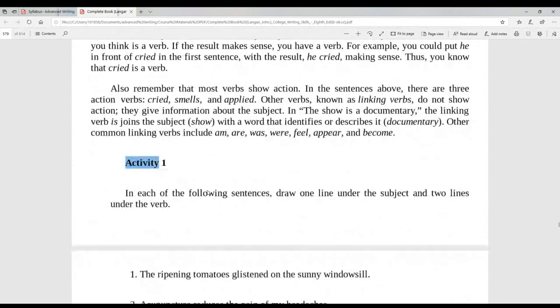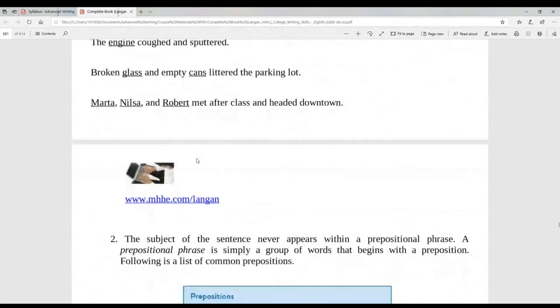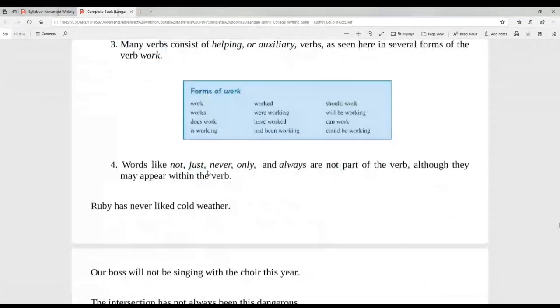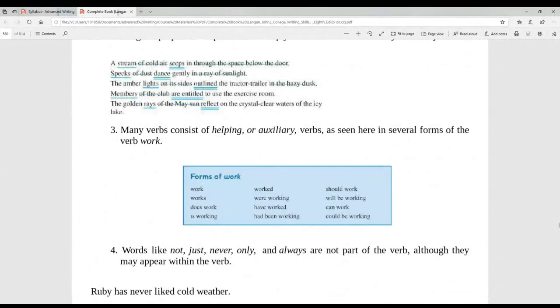Look, a lot of activities, more about subject verb, etc. It's a very, very interesting book, to be honest.